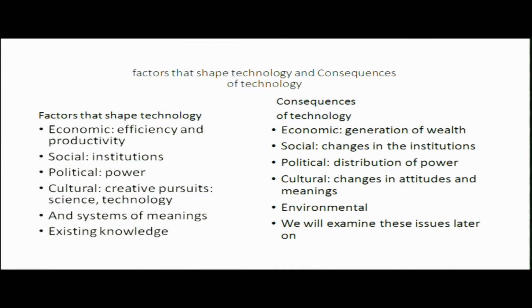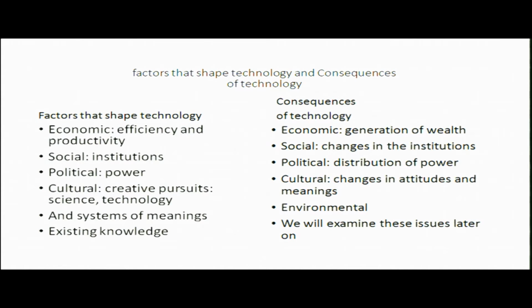For example, the development of the banking system to facilitate financial activity is an important kind of technology.